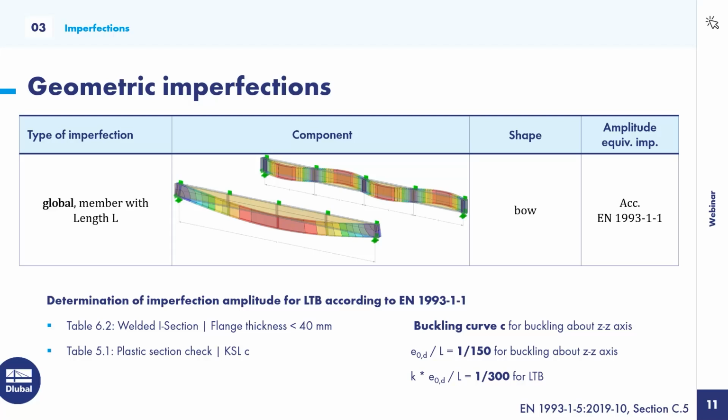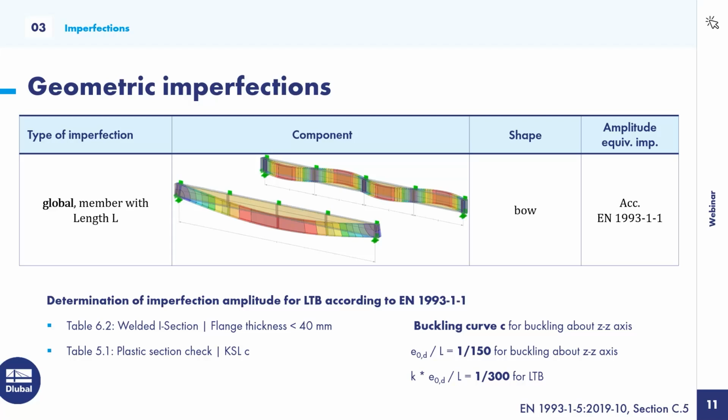Next, we would check table 5.1 of Eurocode 3 part 1.1, and we would then choose the imperfection value for a plastic section check. In the end, we are doing a nonlinear analysis with nonlinear materials, so we are also accounting for redistribution in the cross-section, which means we basically want to do a plastic section check.